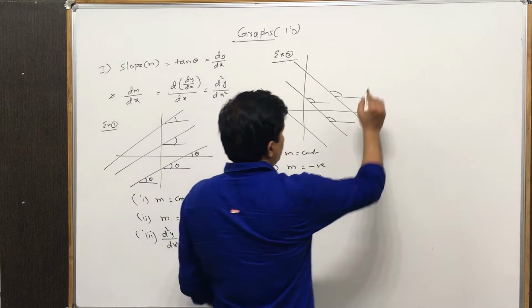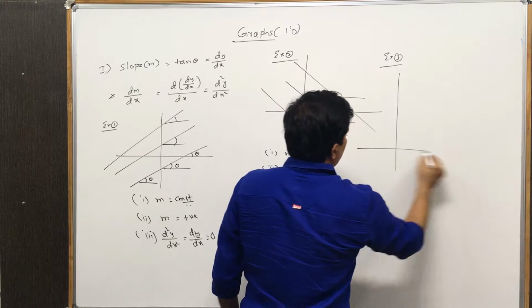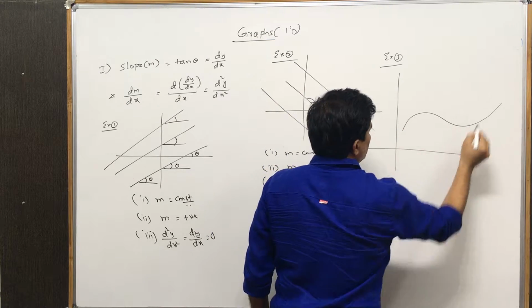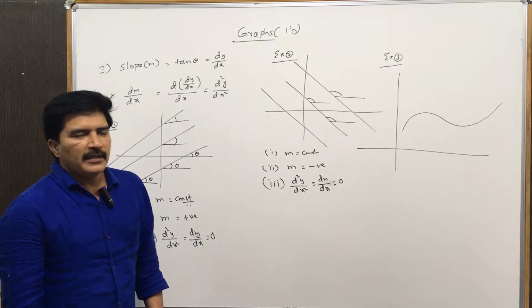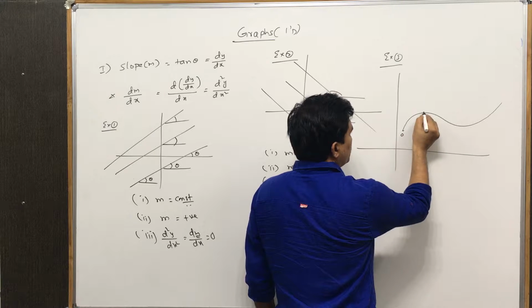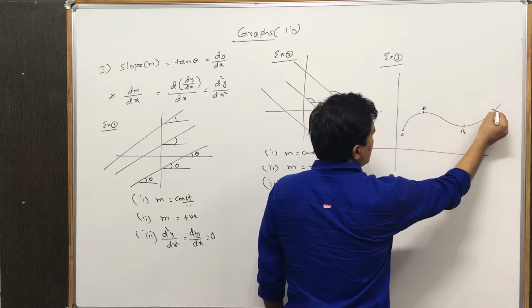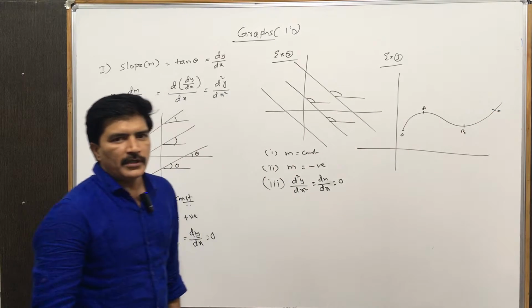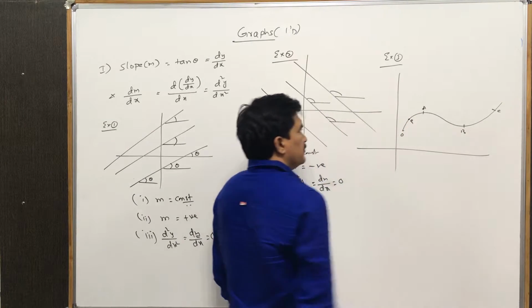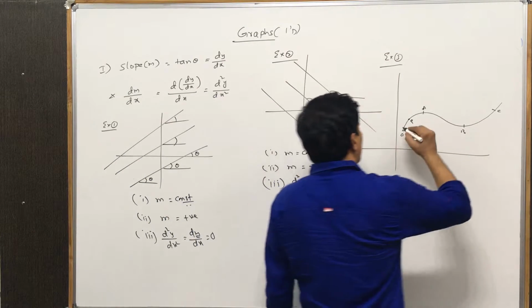Now, another example, in case the graph is in this fashion. Consider the points: this is O, this is A, this is B, and somewhere this is C. At a point P, if you want to find the slope, simply draw a tangent at that point.